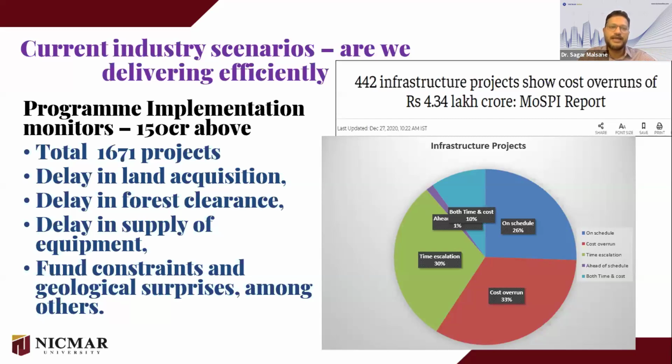This particular body has monitored projects which all have 150 crore and above budgeted cost, and they monitor in total 1671 projects. You can see that more than 30% projects are showing cost overrun, and cumulatively, 63% projects are showing time and cost overrun.